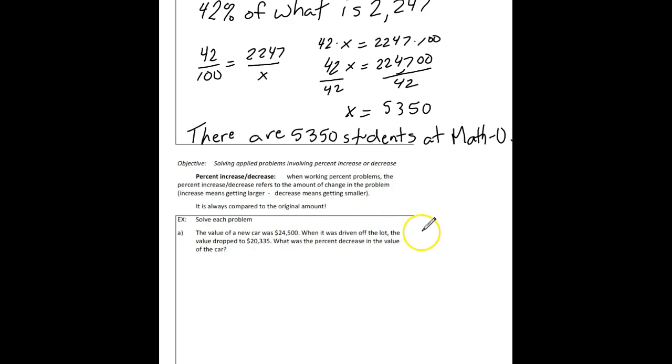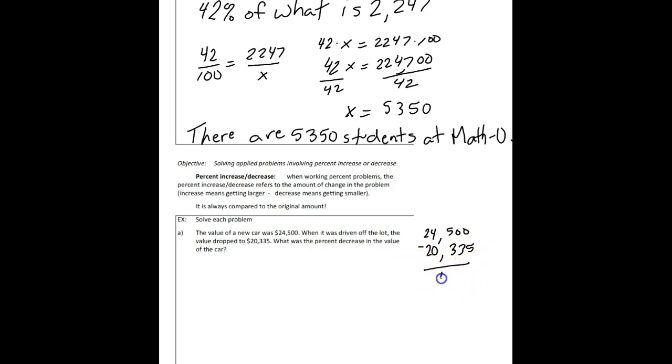The first thing you have to do is figure out the amount that it went down. So we take our original amount and subtract the amount that it ended up at, and that's what we're going to work with.